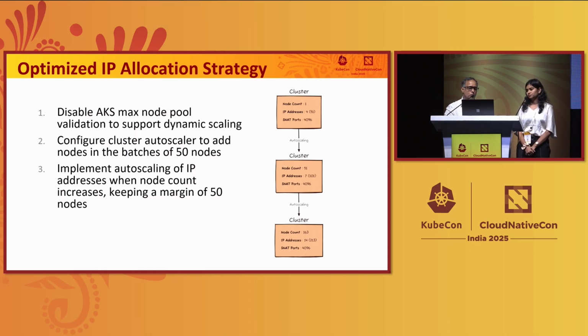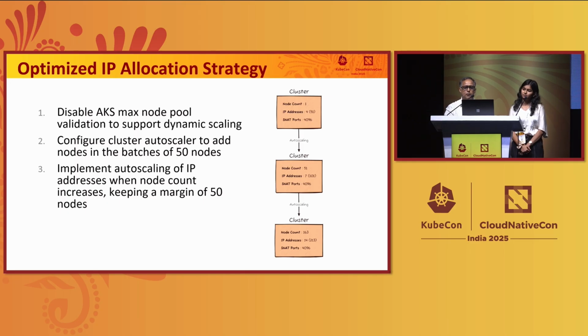So to solve this, we keep a margin of around 50 nodes. This could be any number. We allocate IPs for the current nodes plus 50 nodes in the cluster. And we also configure the autoscaler to scale the cluster in batches of 50. So instead of scaling the cluster in one go, it will do it in batches of 50.